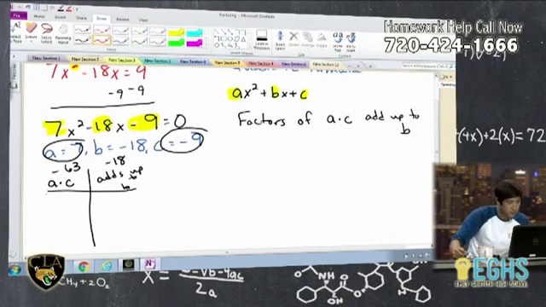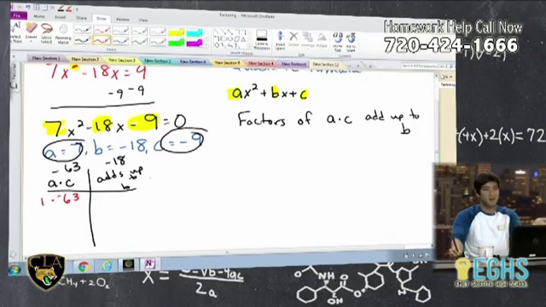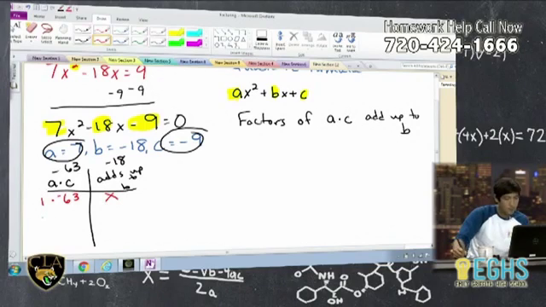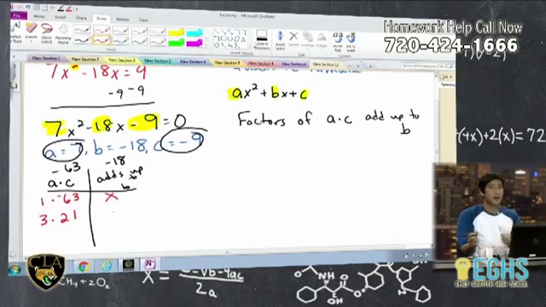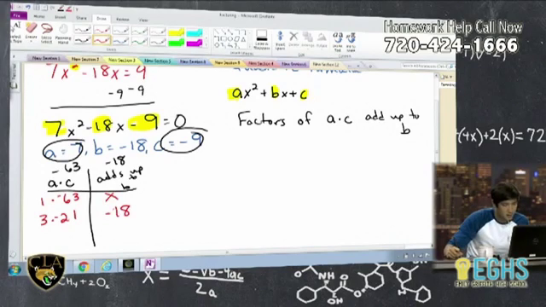We could walk through this and say 1 times 63, the 63 has to be negative because we have a negative sum here. Well, you already know this one's not going to work. We could try 3 times 21. And automatically I'm thinking, okay, the difference between these two is 18. So which one has to be negative? If you think the 21 has to be negative because it's the bigger number and we want our sum to be negative, then you are correct. So this would add up to negative 18.